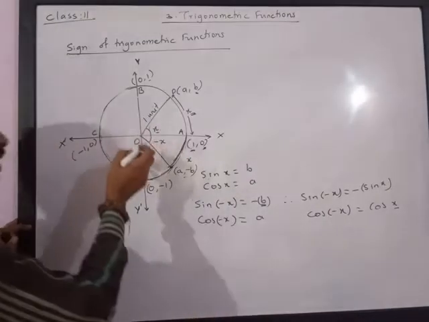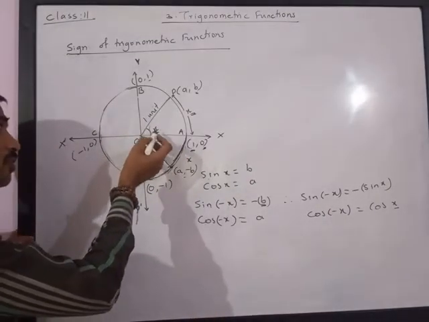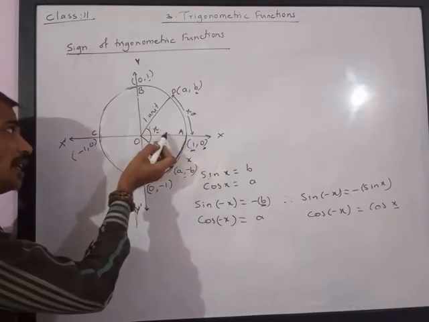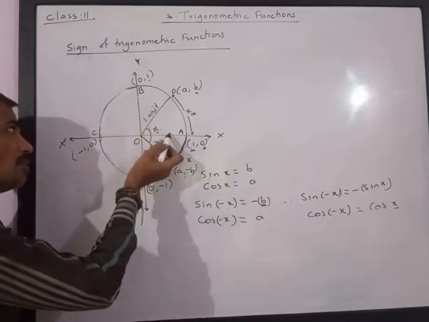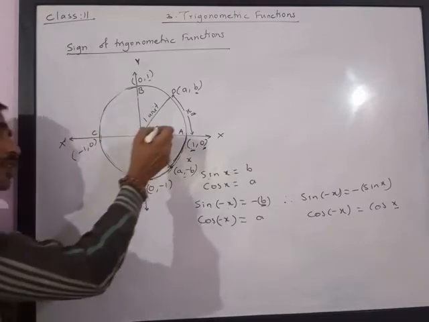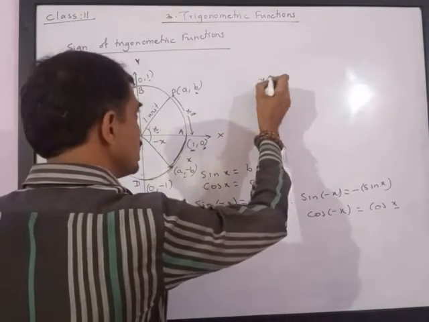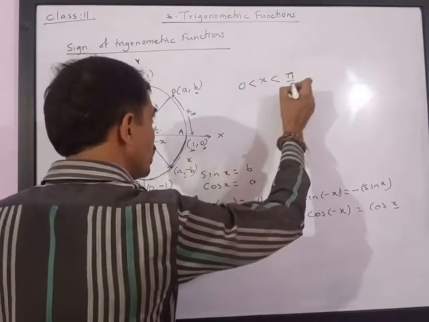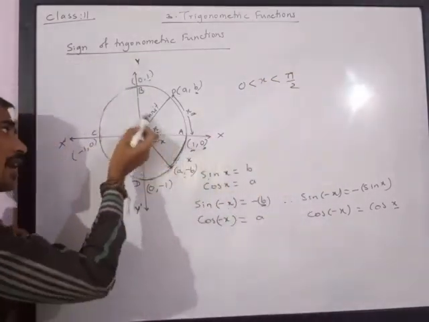Now try to understand, if the angles are from 0 to pi by 2, that is, in the first quadrant, if x is greater than 0 but less than pi by 2, that is, the angles are in the first quadrant.